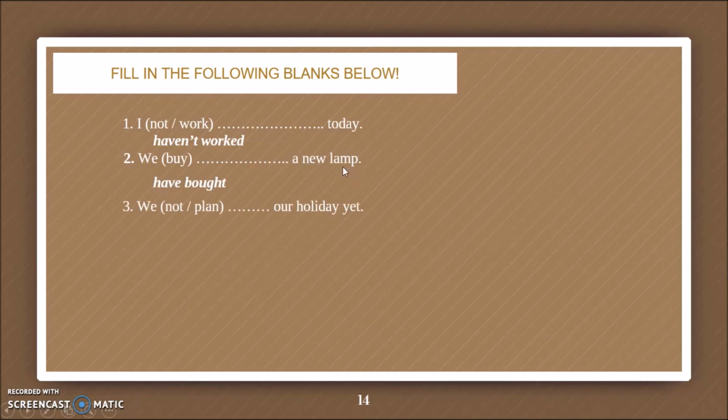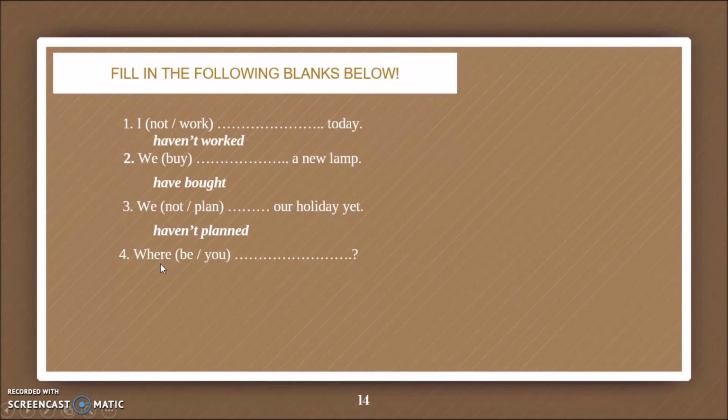Okay, number 3. We not plan our holiday yet. I think the question number 3 is similar with the question number 1. The answer is haven't planned. Have is the auxiliary verb of we, and planned is the past participle of plan.